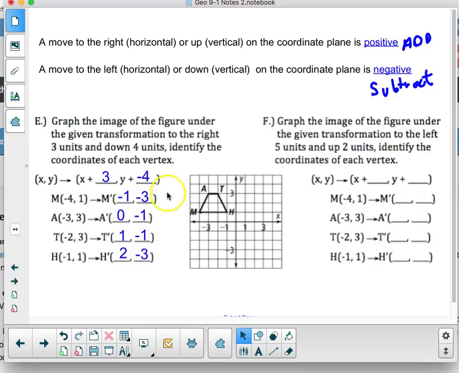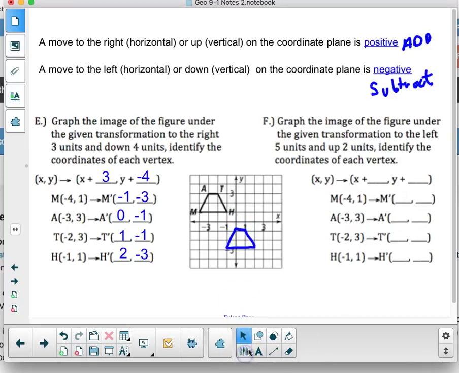Now, I'm going to take my picture and translate it around the grid, keeping in mind that I'm going 3 units to the right, 1, 2, 3, and 4 units down, 1, 2, 3, 4.